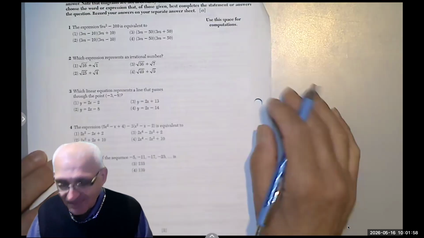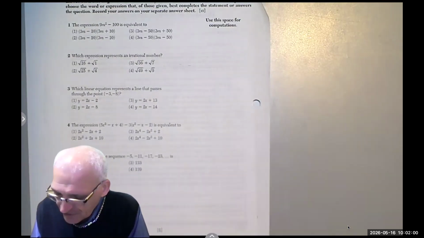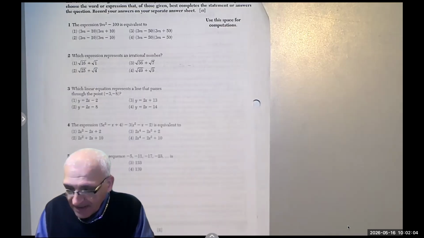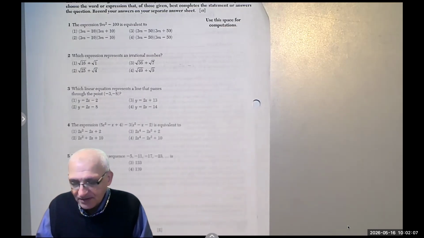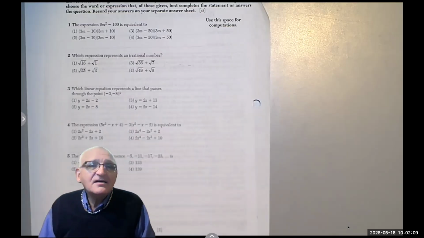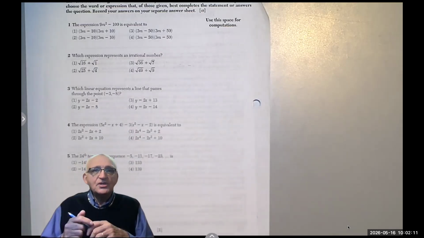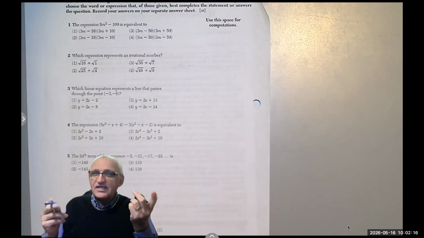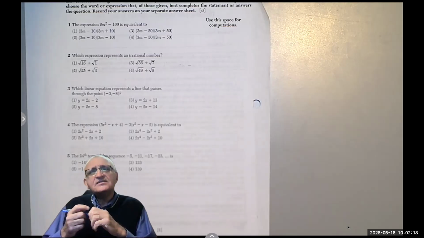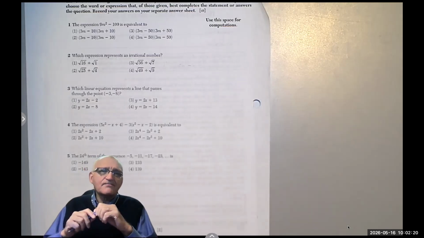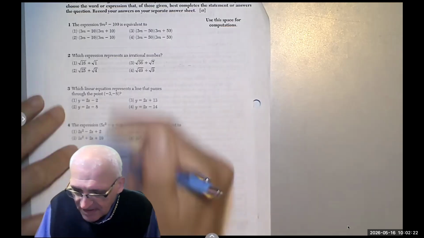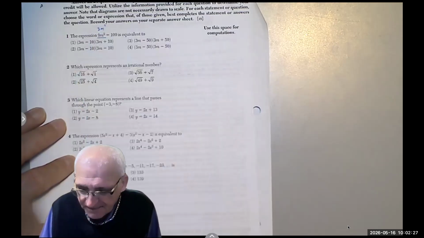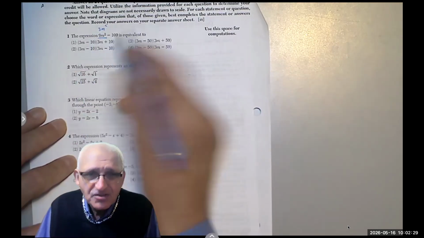Okay, so the first question says, the expression 9m squared minus 100 is equivalent to what? You can see they are already factored for you with a plus or minus. So that has to make you think, are these perfect squares? Sure enough, 9m squared is 3m squared, and the 100 is 10 squared.